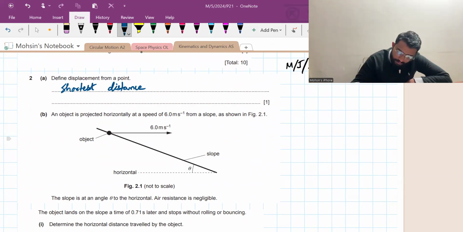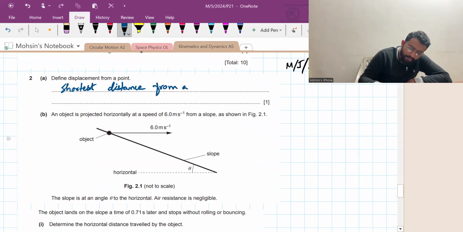So from a point, we can have the shortest distance in a straight line in a particular direction, because displacement is a vector quantity.